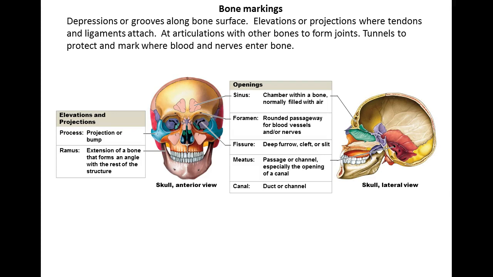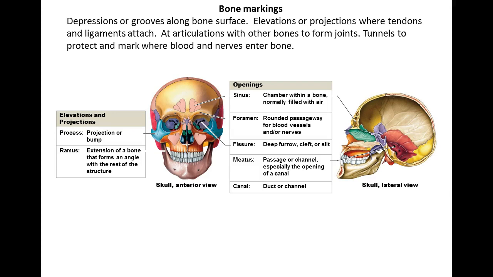Or elevations or projections. Generally when something is elevated off of a bone, something that projects off of a bone, this is where tendons are going to attach. Tendons and ligaments attach there to add to our definition of what motion is going to be.